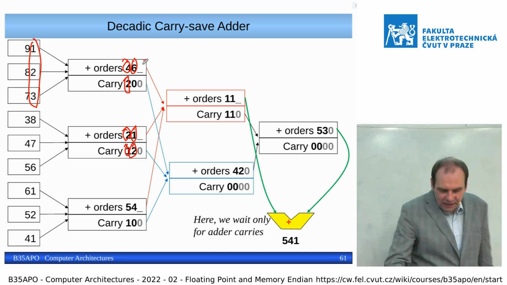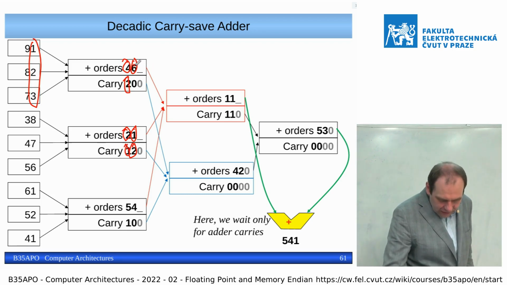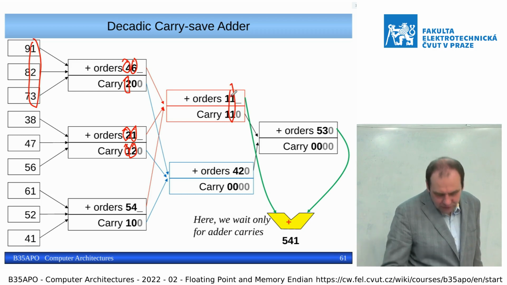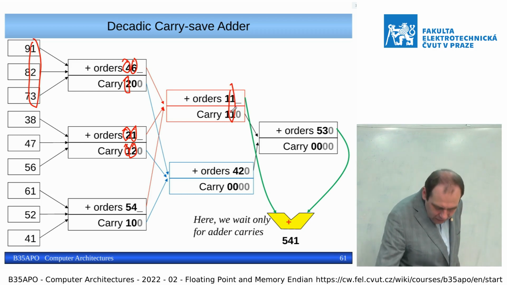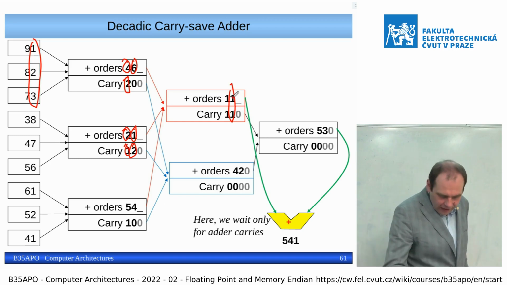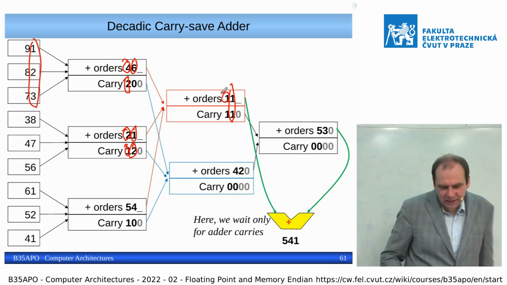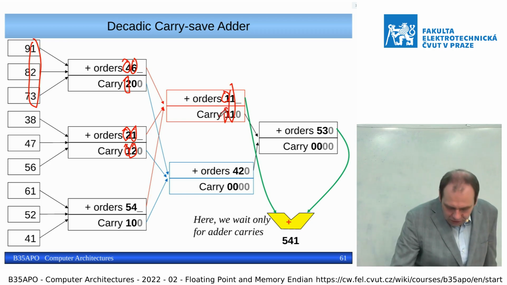And then again we can add those things together, so we add the 6 and 1 and 4, so it is in fact 11. But we provide only the 1 to the result and 1 to the carry. And again, for the more significant digit, we add only the 4, 2, and 5. And it is again 11. But we put there only the 1 and 1 to the carry.